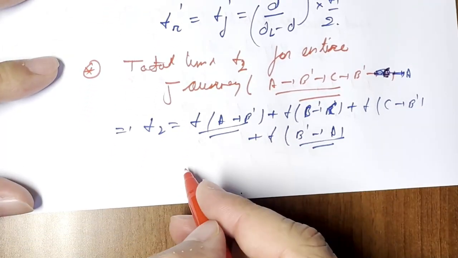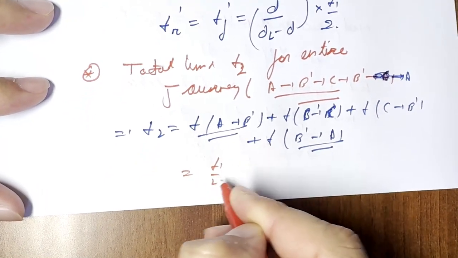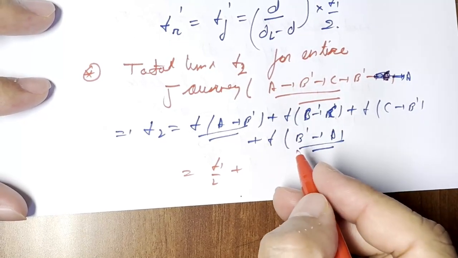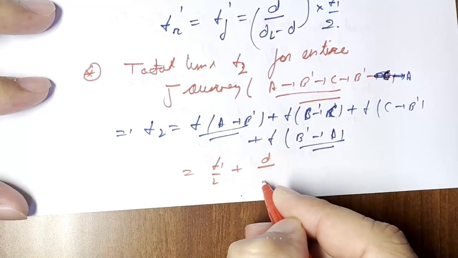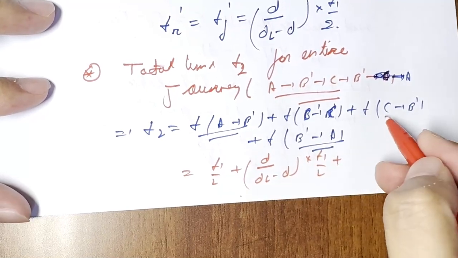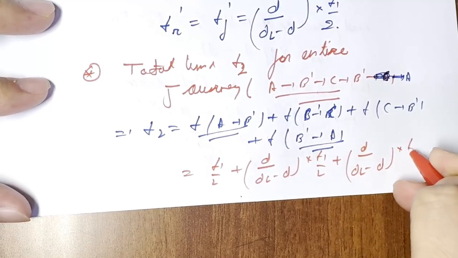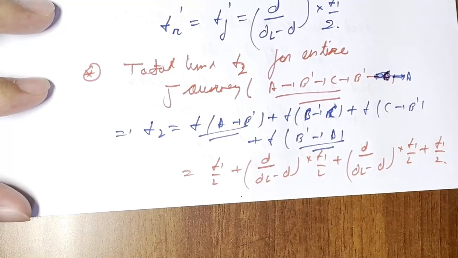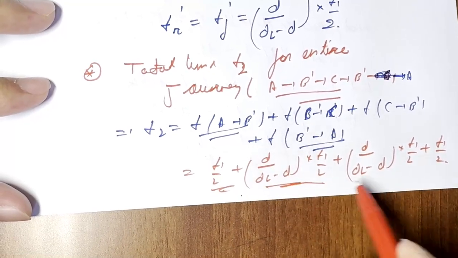So this will be T1 by 2, and from B prime to C, we found it was d upon (d_l minus d) multiplied by T1 by 2, plus again d upon (d_l minus d) multiplied by T1 by 2, and plus from B prime to A is T1 by 2. So every time is twice.